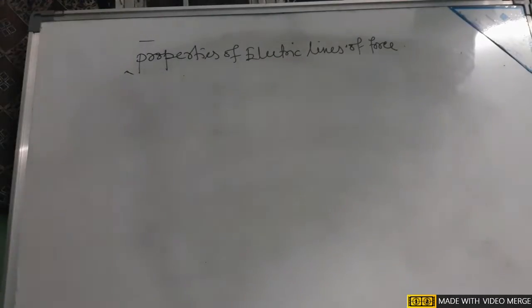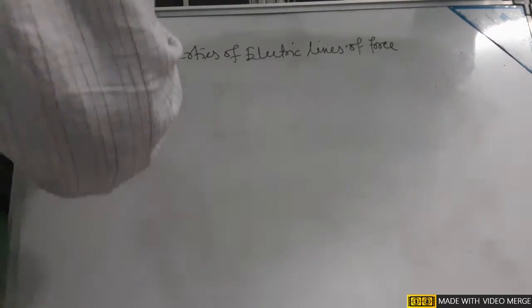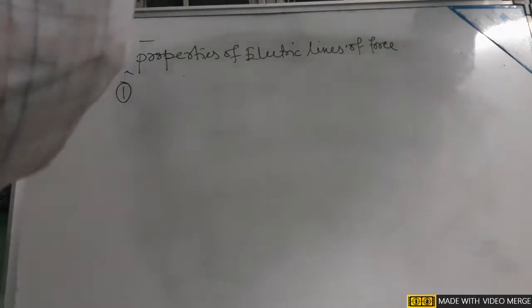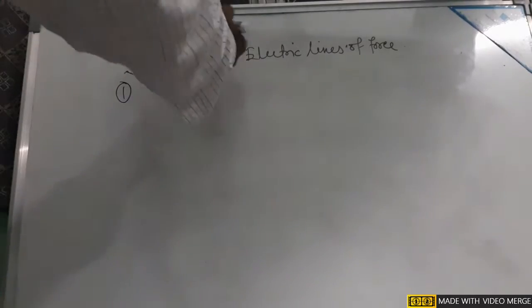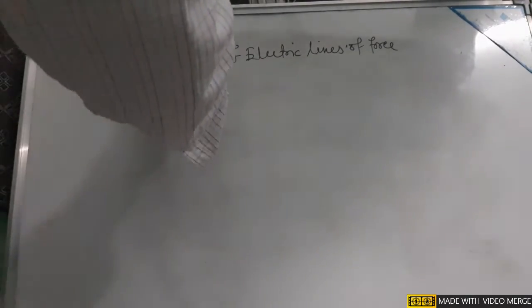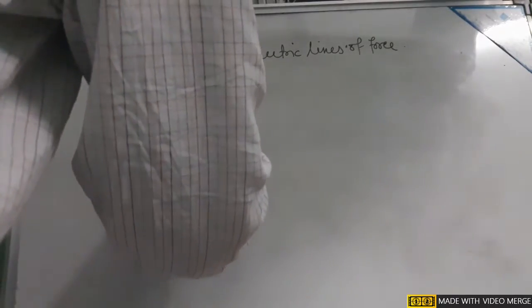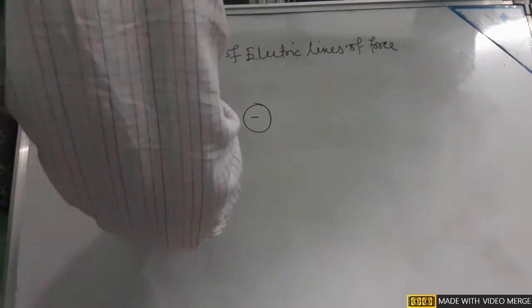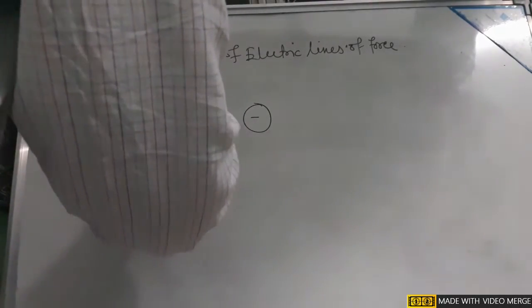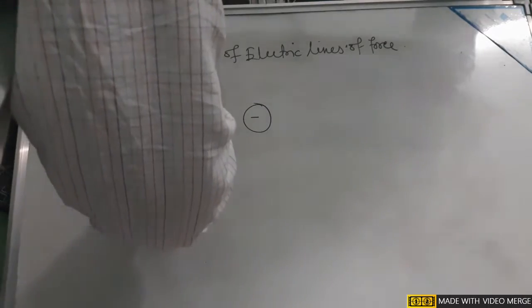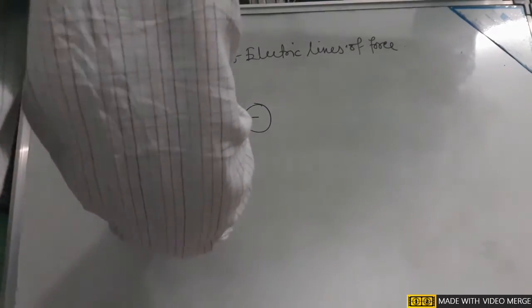Now discussing the properties of the electric lines of force. The first property: in the case of a positive charge, the electric lines of force go outwards.